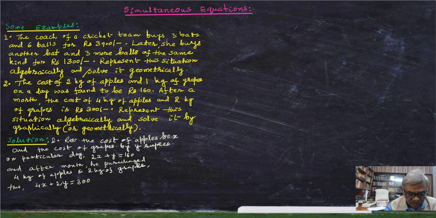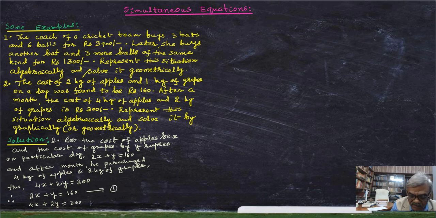And the situation is represented by these two equations: 2x plus y equal to 160 and 4x plus 2y equal to 300.